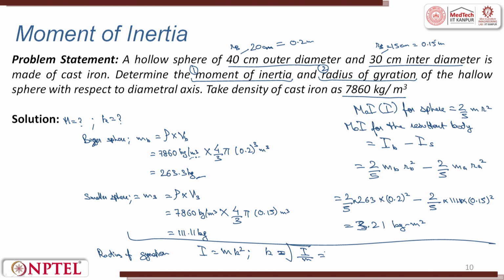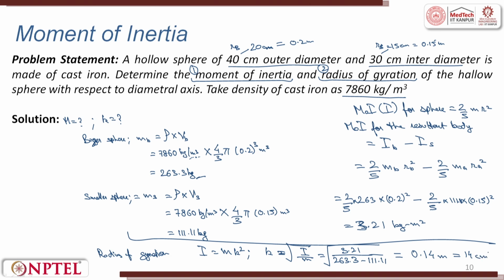The value of I is given here, 3.21, and the mass of the body is the difference of the mass of the bigger sphere and the smaller sphere, that is 263.3 minus 111.11, under root of this. This radius of gyration turns out to be 0.14 meter, which is equal to 14 centimeters.